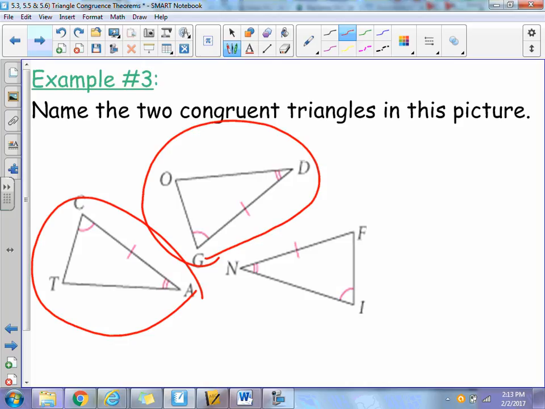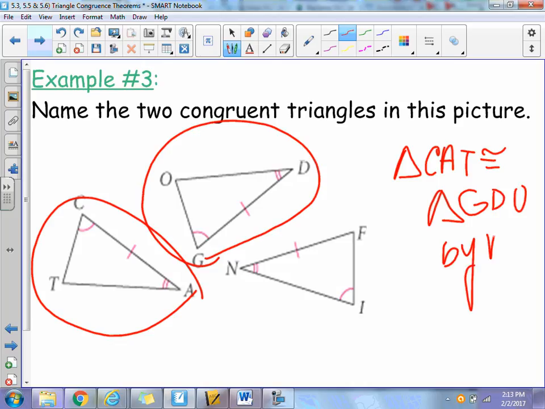Very good. Angle side angle. So triangle CAT is congruent to triangle C matches G, and A matches... Angle side angle. How come AAS didn't work? The angles are... Right. The angle is not included. Questions?